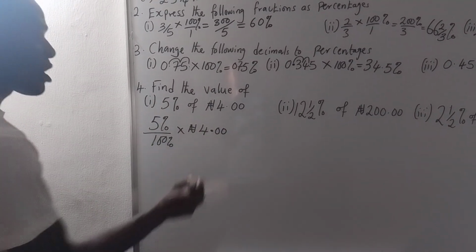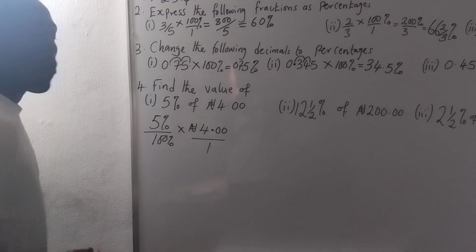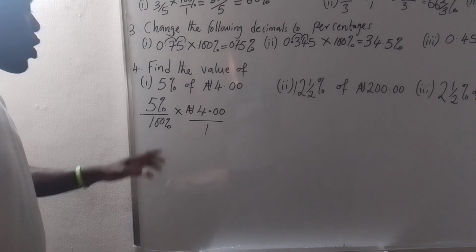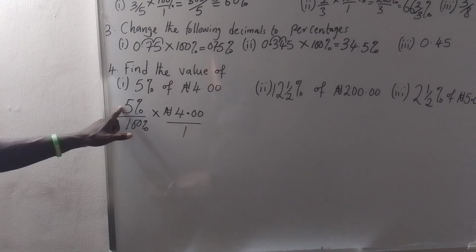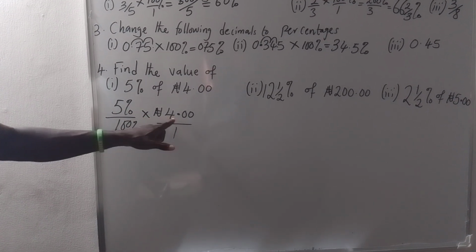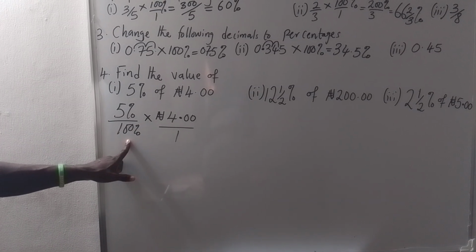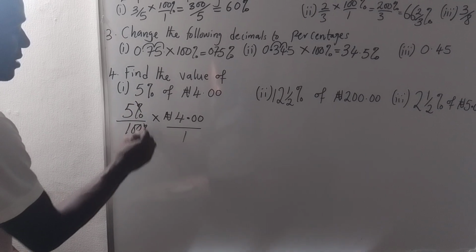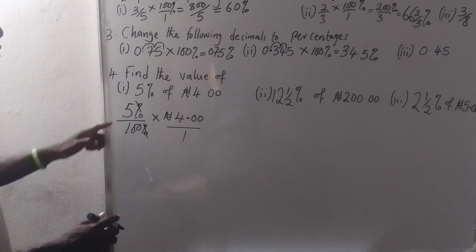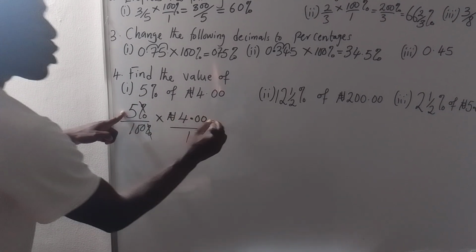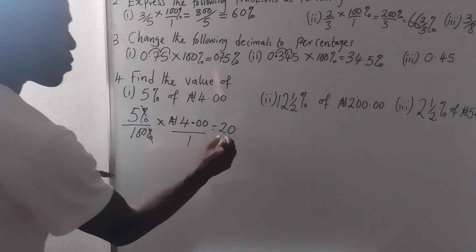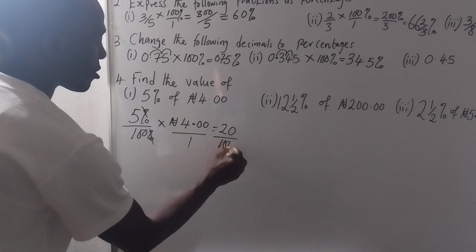This is a decimal point. I can put all over 1. It doesn't do anything. Now we have 5% multiplied by 4 naira, all over 100% multiplied by 1. Now, percentage can cancel percentage, no more percentage. So we have 5 times 4 will give us 20. 100 times 1 will give us 100.